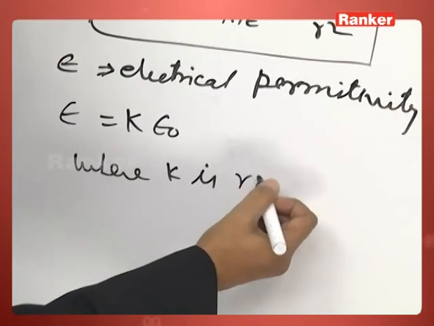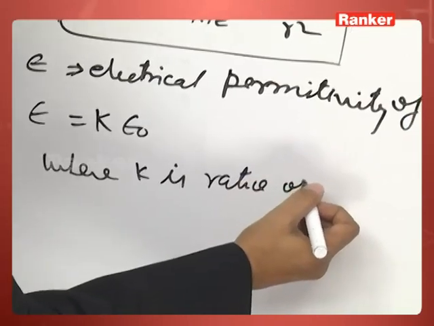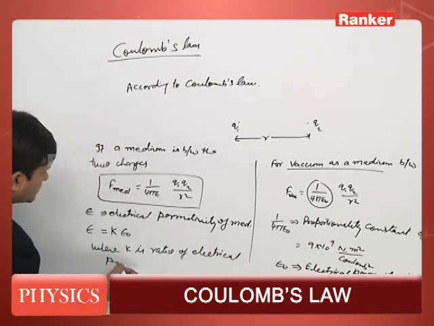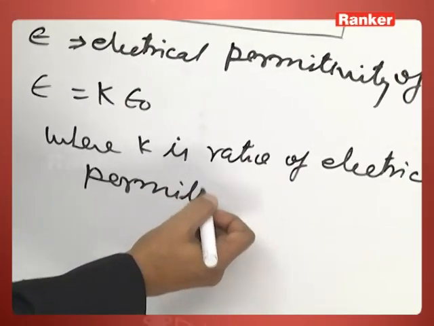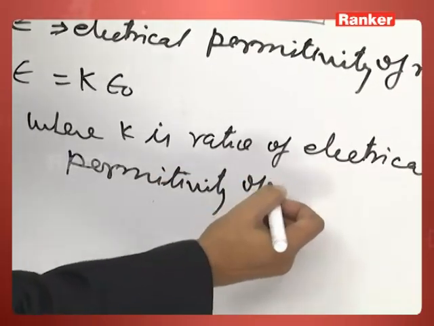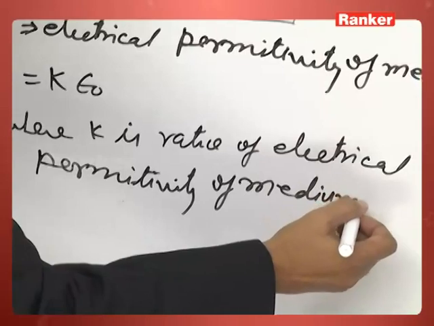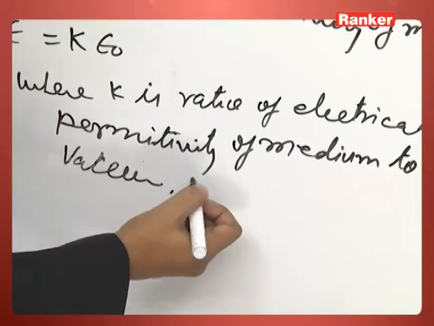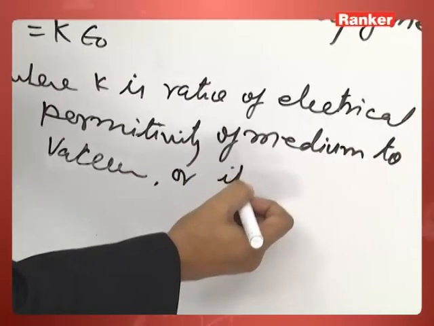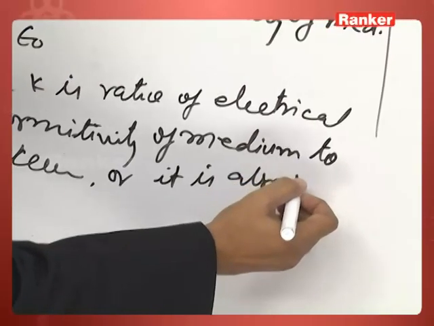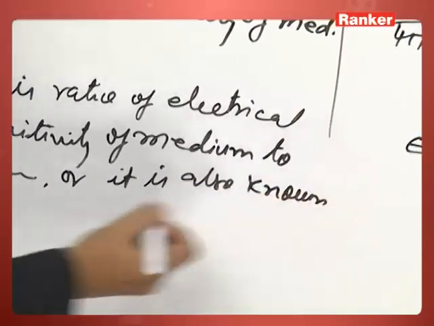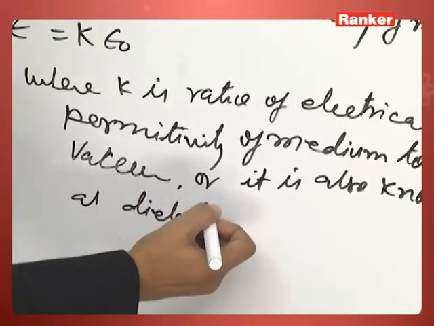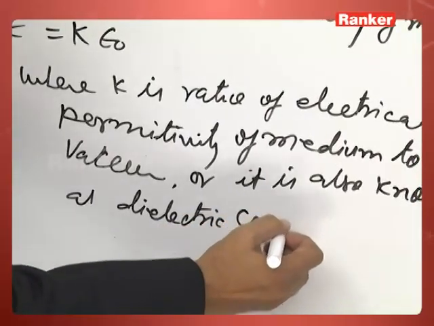K is the ratio of the electrical permittivity of the medium to that of vacuum, and it is also known as the dielectric constant.